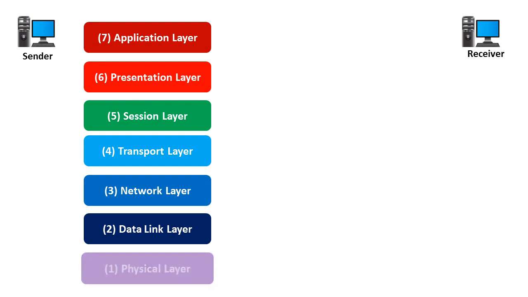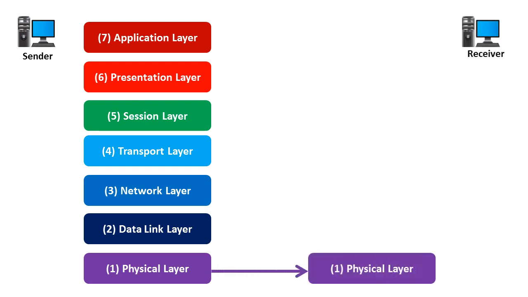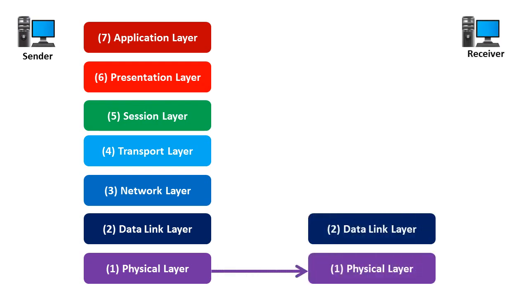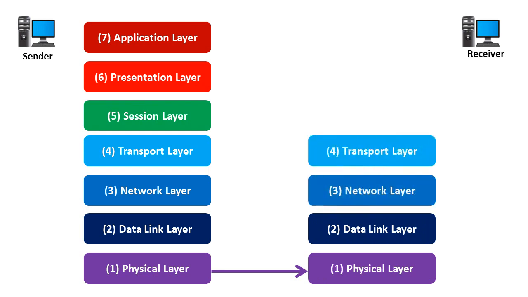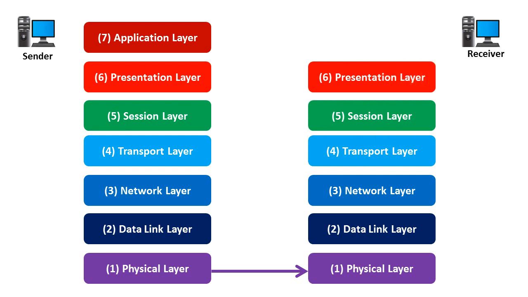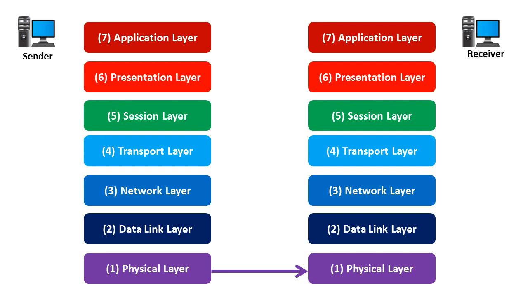The data packet will then travel through the physical layer and reach the receiver end, and then from the physical layer it will move to the data link layer, network layer, transport layer, session layer, presentation layer, and finally it will reach the application layer of the receiver end, where the receiver will get the information in the form of an application.